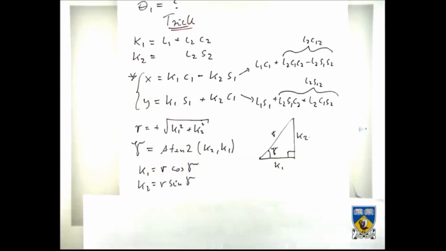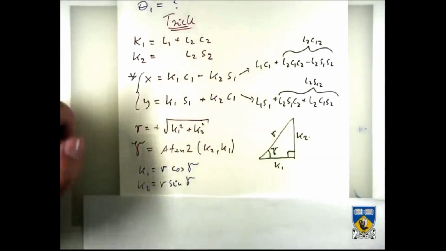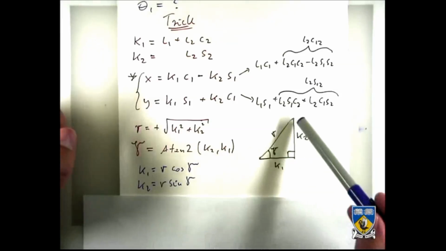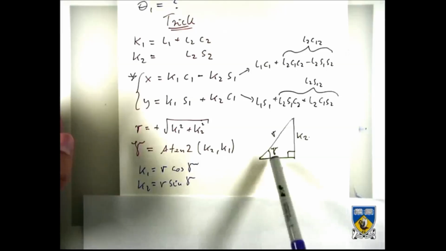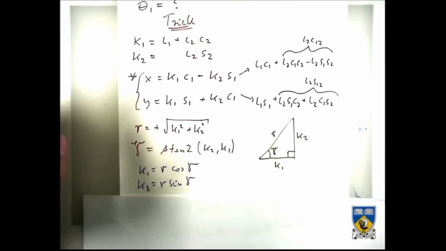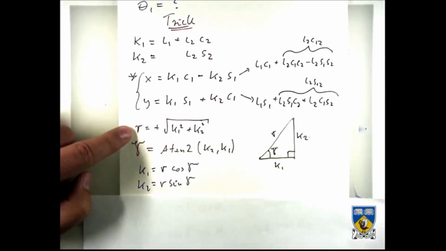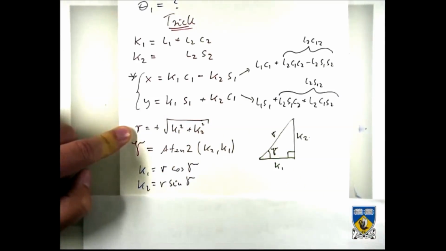Now, then somebody, perhaps even the same person, discovered that it is convenient to imagine a triangle with sides K1, K2, and the right angle here, angle gamma here, and this side of the triangle called R. Okay, so for this triangle, of course, R is the square root of K1 squared plus K2 squared.